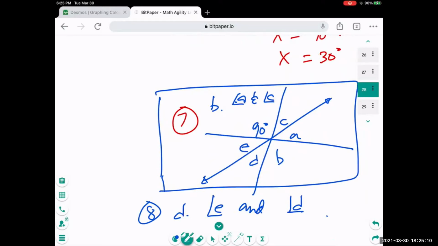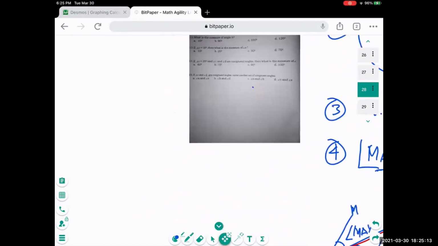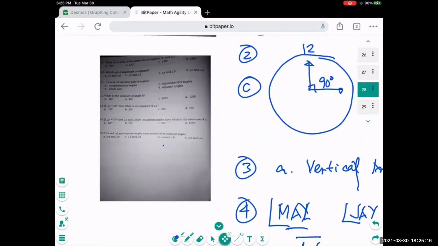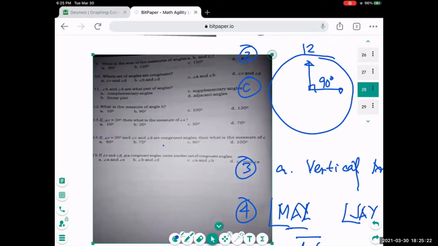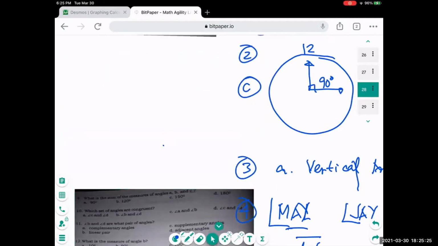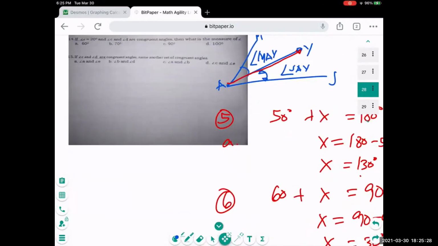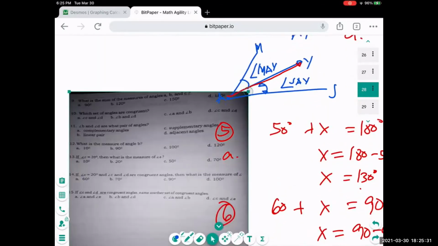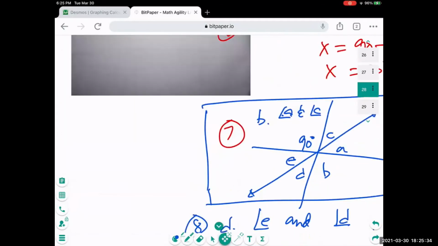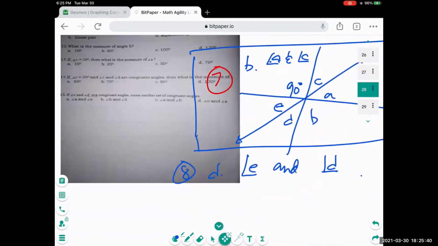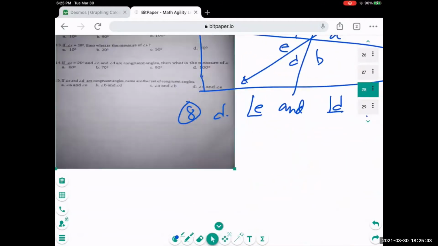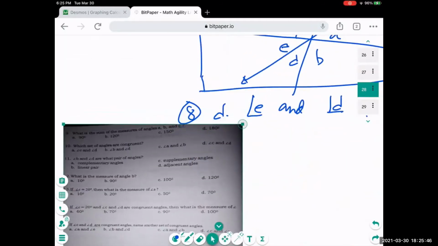Let me see if I can blow up question number 9. So question number 9 is, what is the sum of the measures of angles A, B, and C?